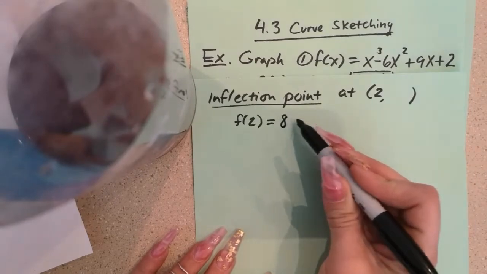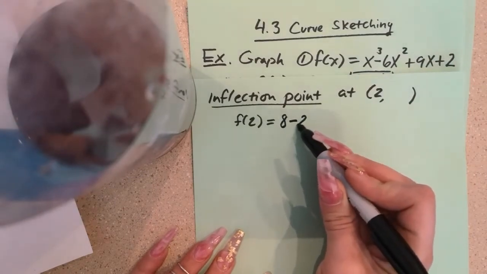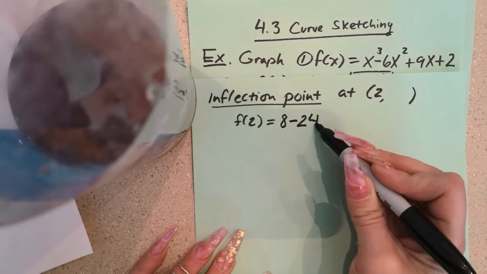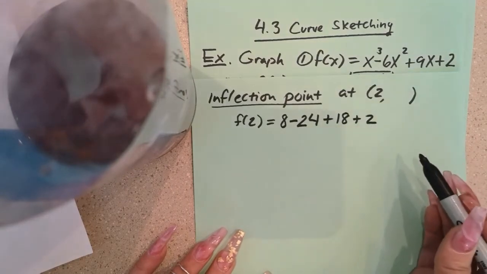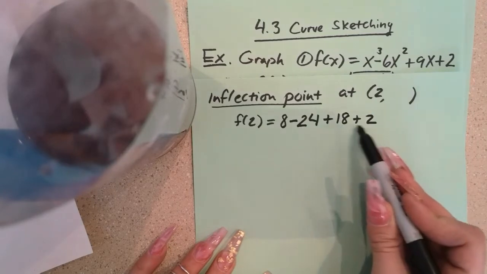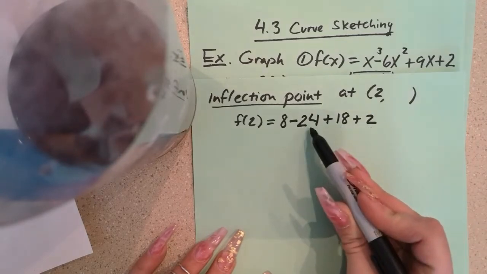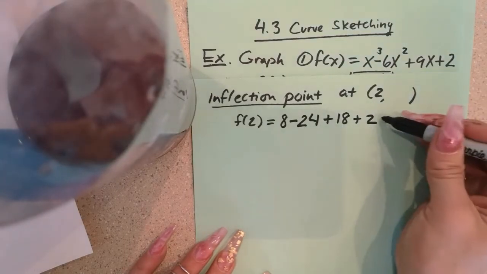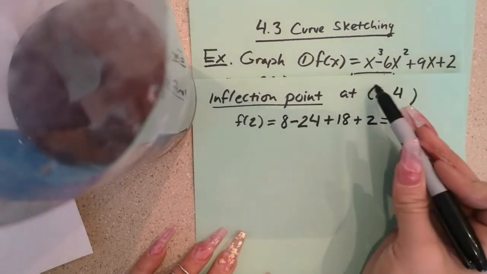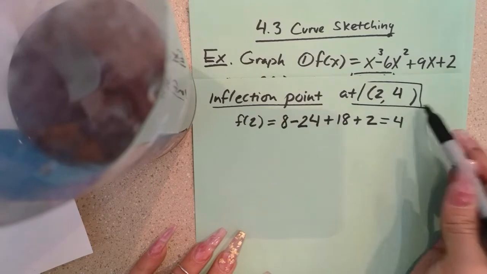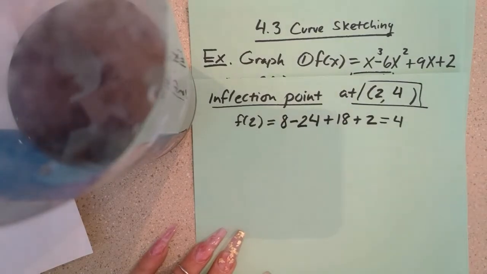Let's see, well, 2 cubed is 8. Minus 6 times 4, what is that, 24? Plus 9 times 2 is 18. Plus 2. So what is this? 20 minus 24, negative 4 plus 8, is that 4? So it looks like I have an inflection point at (2, 4).